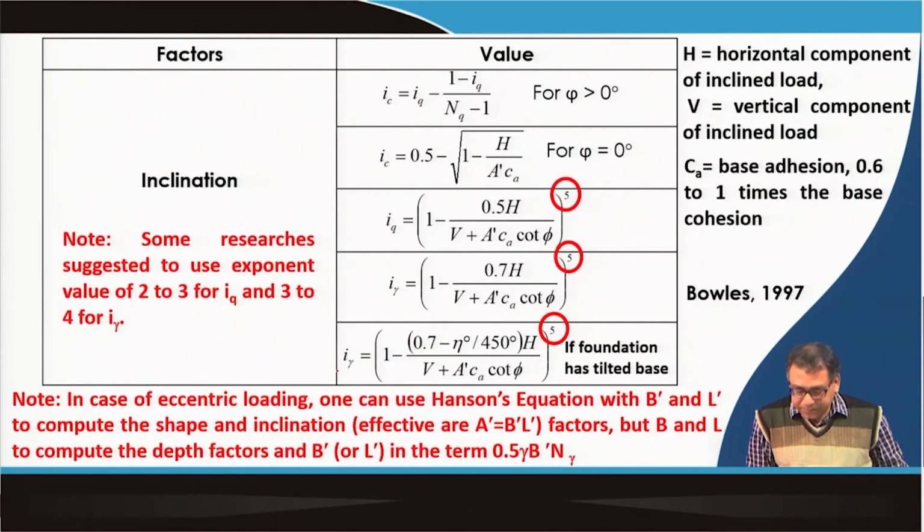And then these factors you again have to calculate, because this is effective area, whether A or B does not matter, it is area. Again, these other things are the same as I discussed, and for eccentric loading you remember where you have to use L dash and B dash, and where you have to use L and B. Okay.